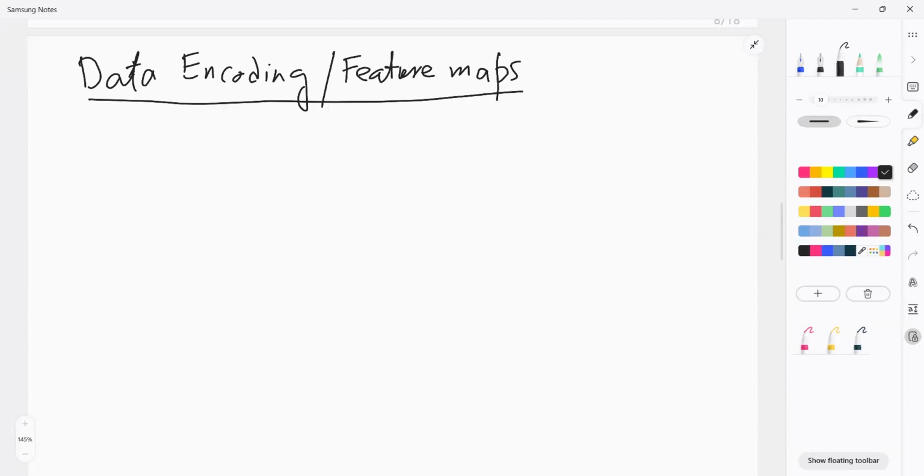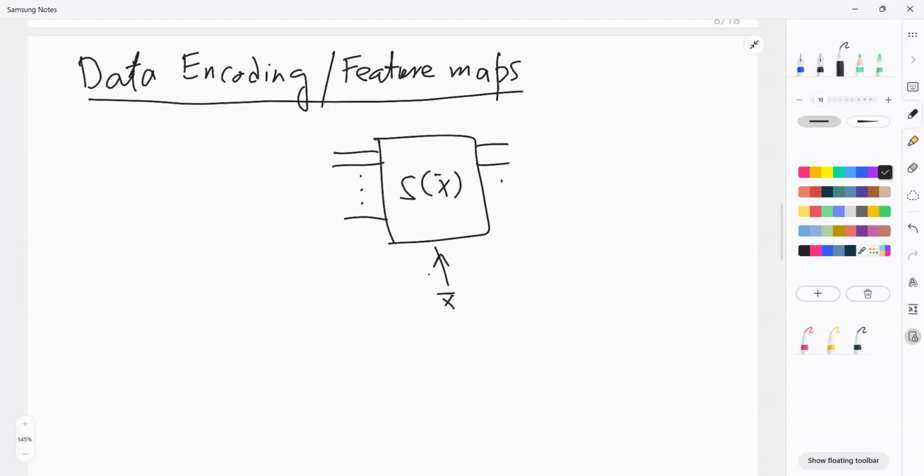One is that we represented with S of X that represents the classical data encoding part. And then there may or may not be an additional parameterized block that is independent of the data, and the circuit might be initialized to a state, suppose a 0, 0 state. So today we are going to talk about this S of X part.